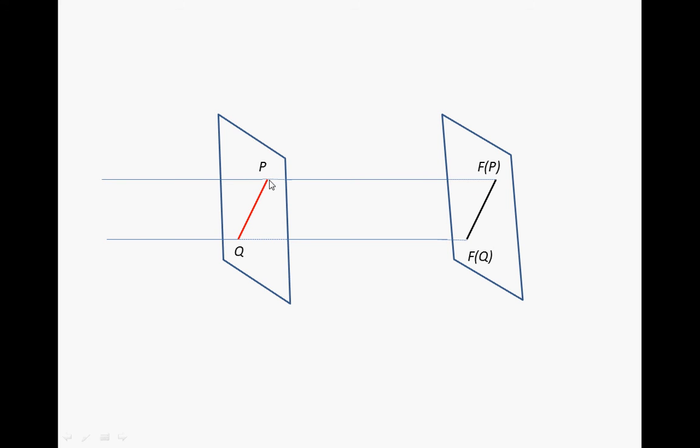So if you notice, this is our light source right here. And here is our overhead transparency. When the light shines through, if this is point P and this is point Q, then point P is being projected onto the wall or screen or another piece of paper. It is projecting F of P. Same thing with Q. If this is point Q, then the projection of Q would be called F of Q because it's in a different part of the plane.